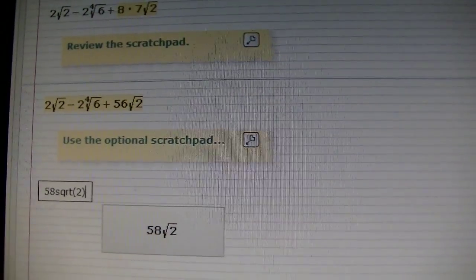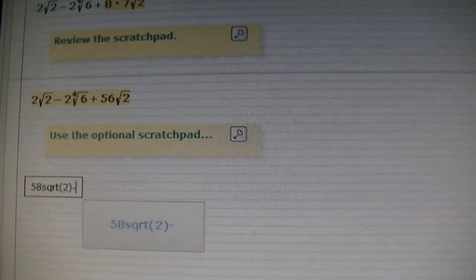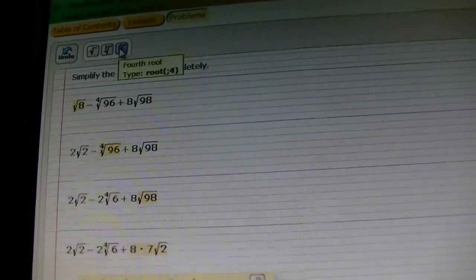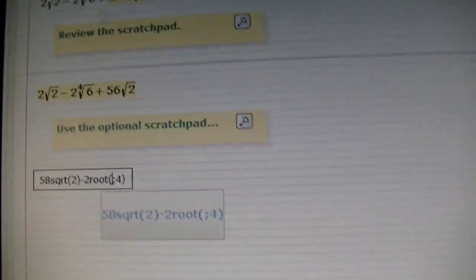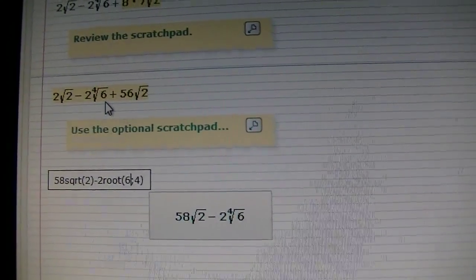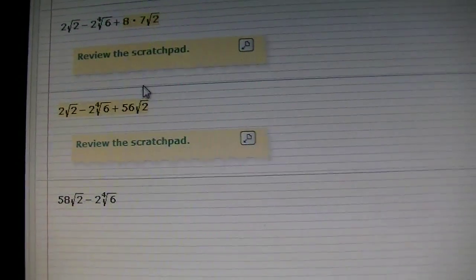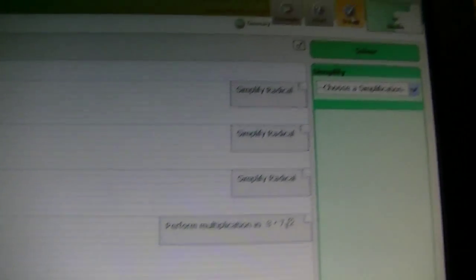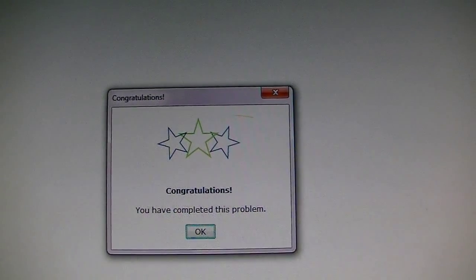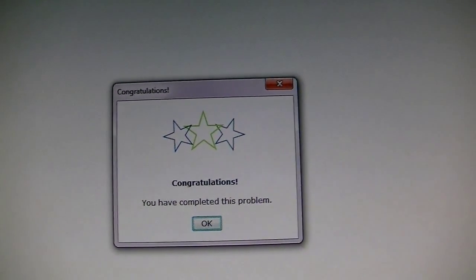Oh, it's minus. Minus 2. Use the fourth root up at the top there. Grab that fourth root and put in 6. Okay, that should be right. Yay, and that should be as simple as it gets. Let's see. Is it done? Yay! Congratulations.